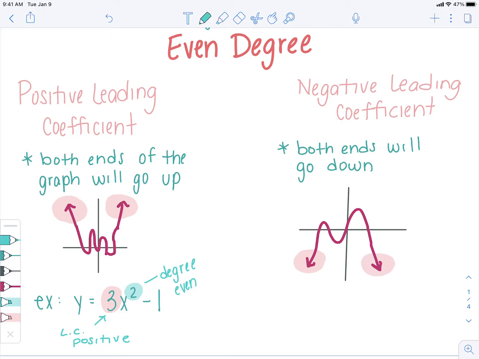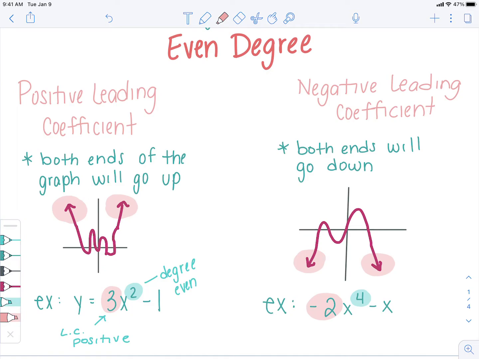An example of this could be like negative 2x to the fourth minus x, where my degree is 4, and my leading coefficient now is negative. My degree is even, my leading coefficient is negative.